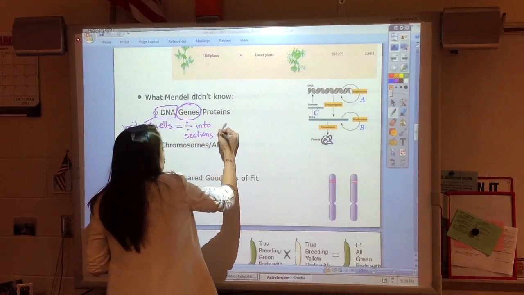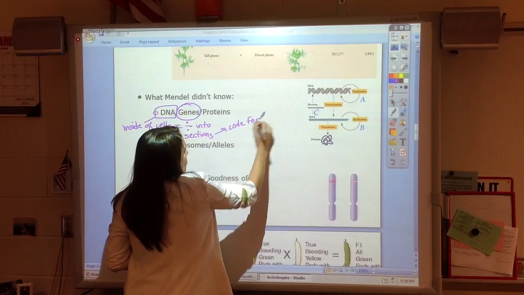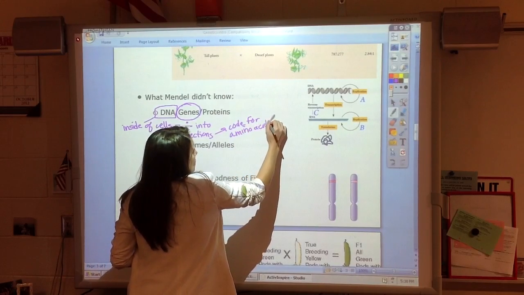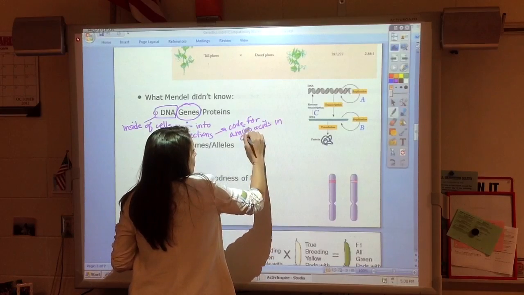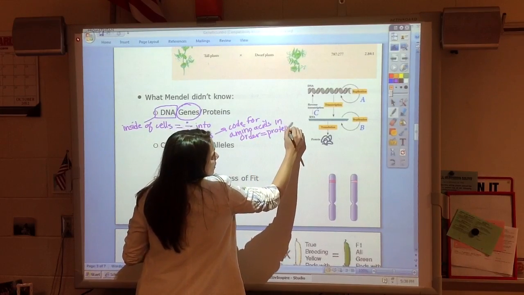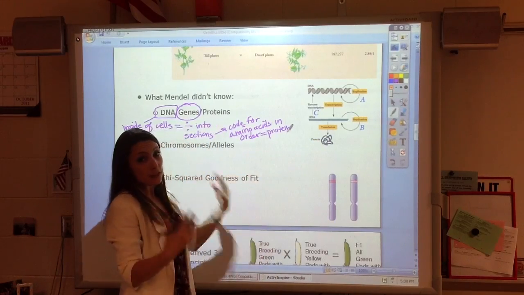Those genes code for amino acids in a certain order, and that's a protein. And that protein actually gives us a physical appearance.